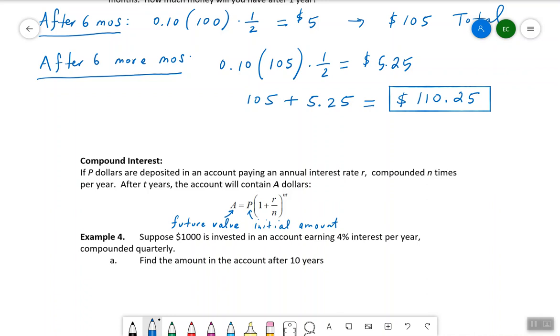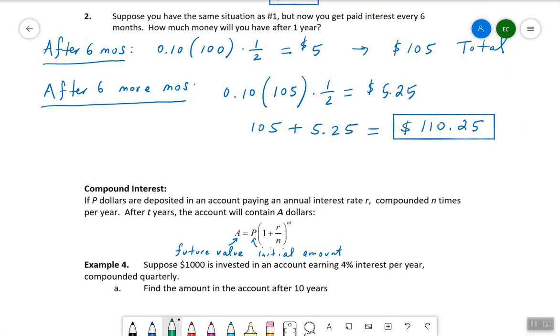And so, it might be fun just to put that little example into this formula, just to see that we still get $110.25, just to see how that's working. So in the example we just did, P was $100. And the interest rate was 10%, which we're going to write as a decimal, 0.1.